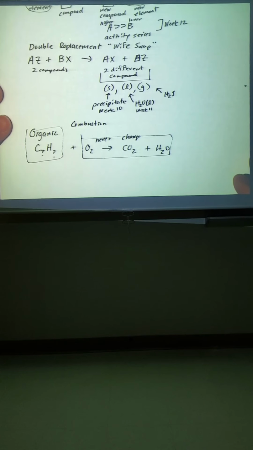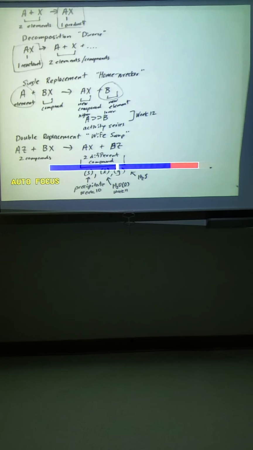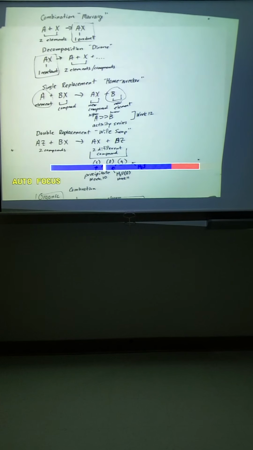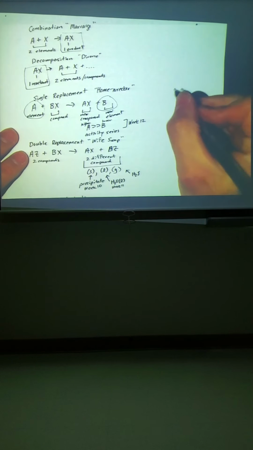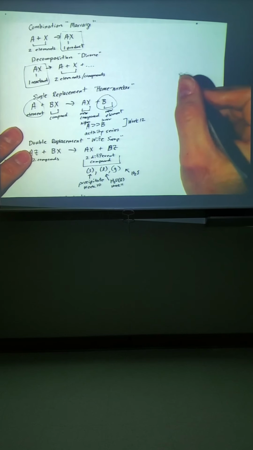So let's give you one example and see if you can kind of pick through the pieces. Kind of zoom out a little bit and see if we can get most of these on the same slide together. We're going to leave out combustion because it's so specific, easy to recognize because of it. And I'll write a little bigger.